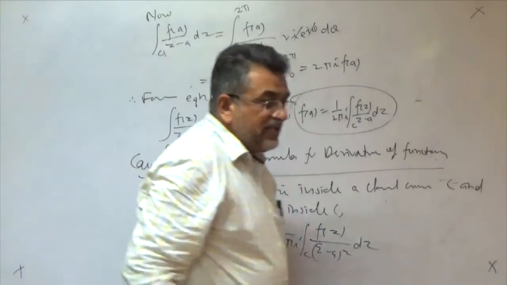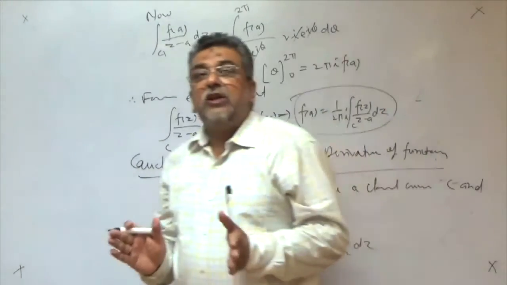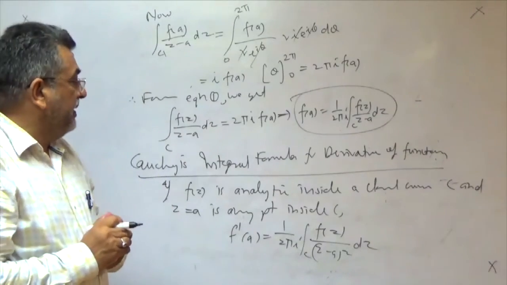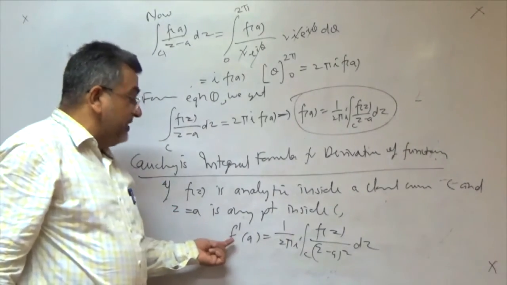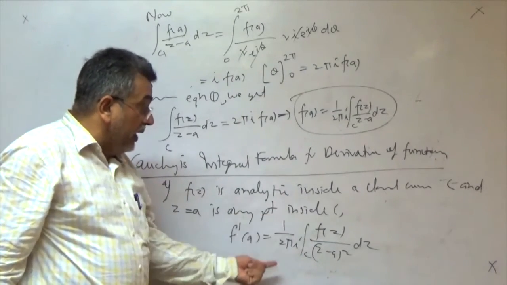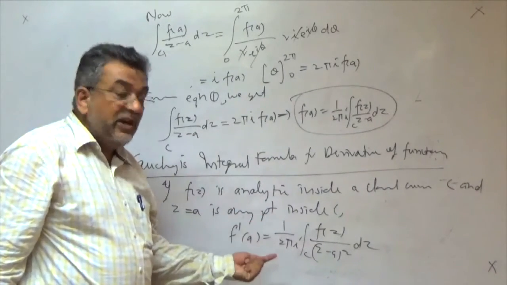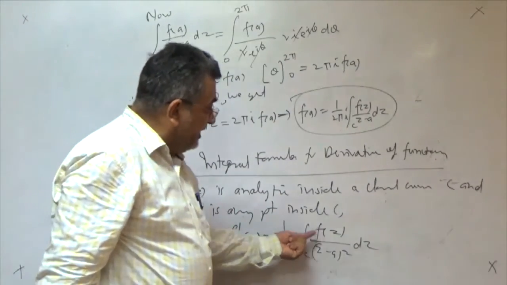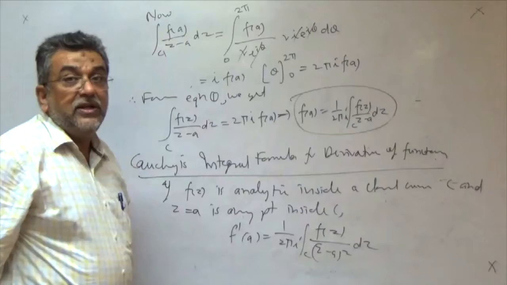This is the statement of Cauchy's integral formula for the derivative of a function. You see that here f'(a) means the first derivative of the function at point a. This is equal to, again, a complex integral: 1 upon 2 pi i times the integral over C of f(z) upon (z minus a) whole squared dz.